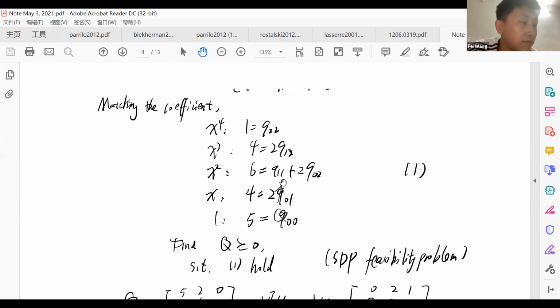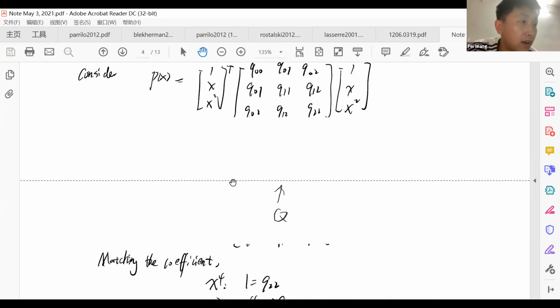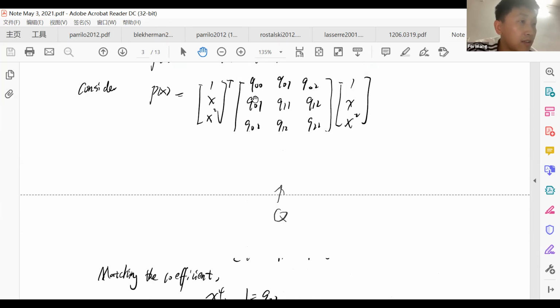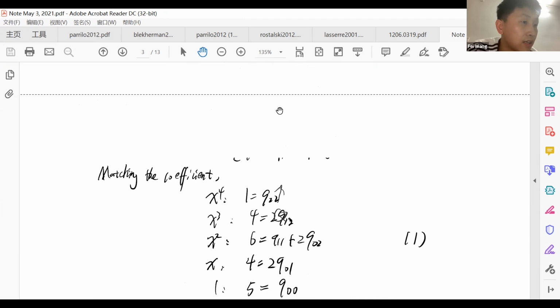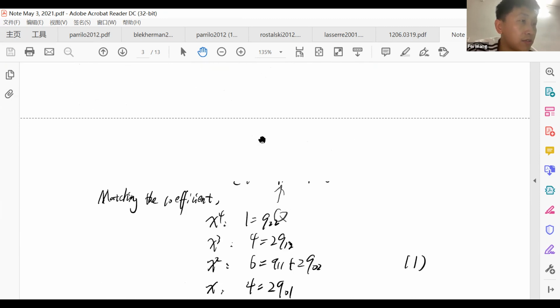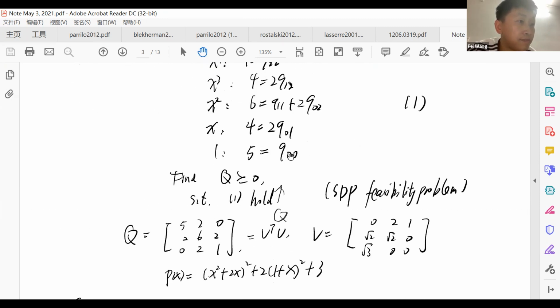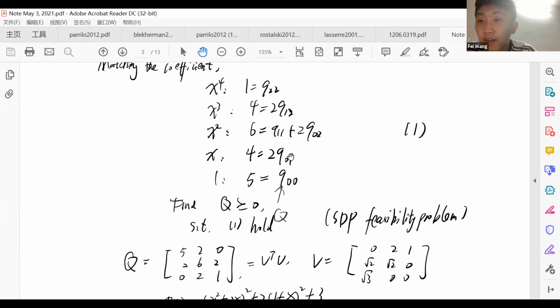That's the coefficient corresponding to the x squared term. For the x term, 2 Q10 is equal to 4. And Q00 is equal to 5. So now we have an SDP feasibility problem.